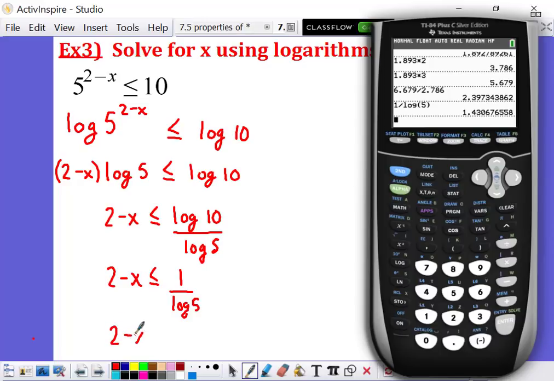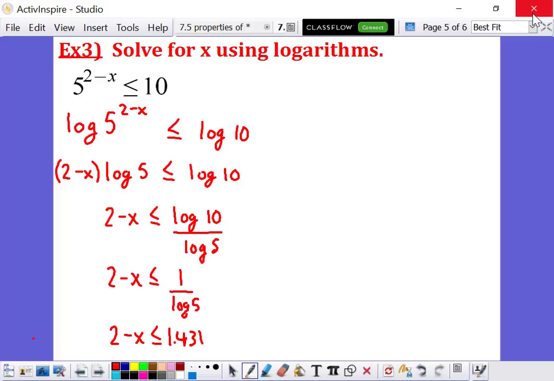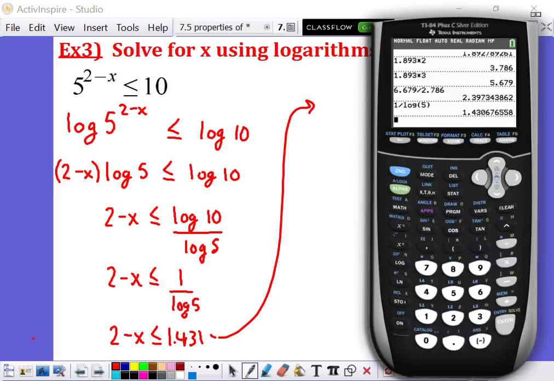So here's where I'm at now. I've got 2 minus x is less than or equal to 1.431. Then I'm going to get x by itself. I'm going to add x to one side, and then subtract the 1.431 from 2.